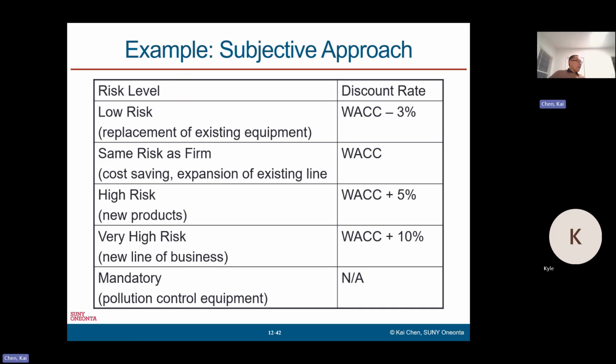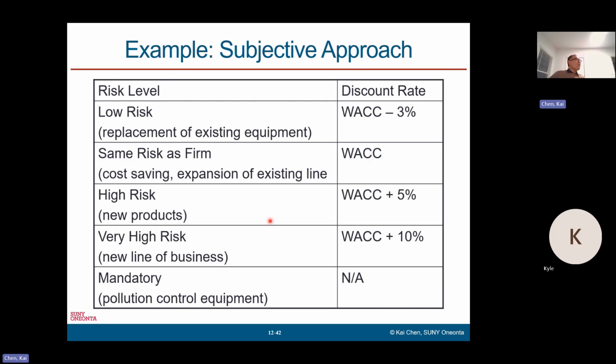If we have a project that has the same risk as the firm, for example, cost-saving projects or expansion of existing lines, then we assume the projects have the same level of risk as the company. Then we can use WACC as the discount rate.